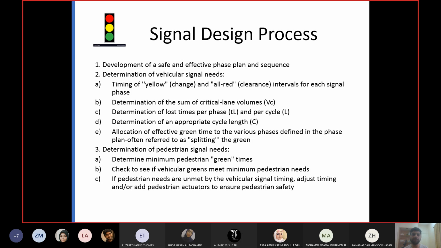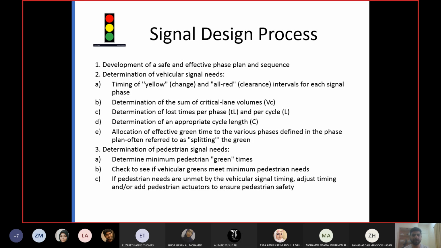So a phasing plan means you decide how many phases you need, and in each phase, which movements you will allow and which movements can be safe. The easiest one in terms of understanding is 4 directions, 1 phase for each direction. Simple.